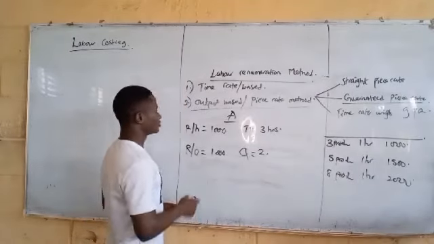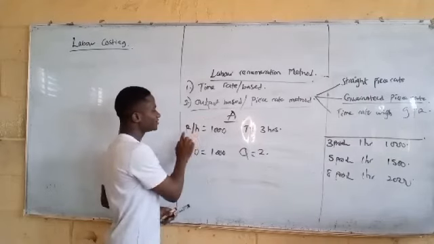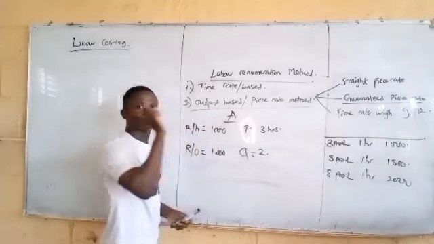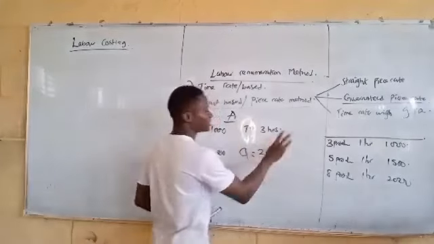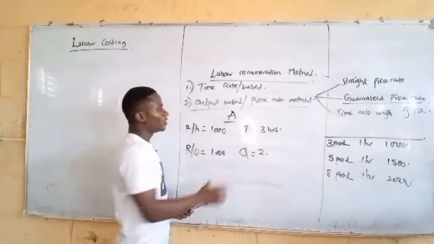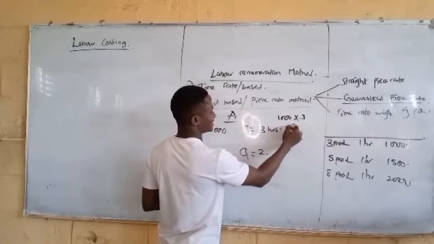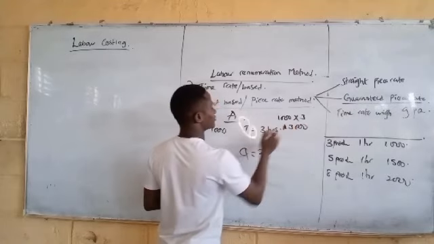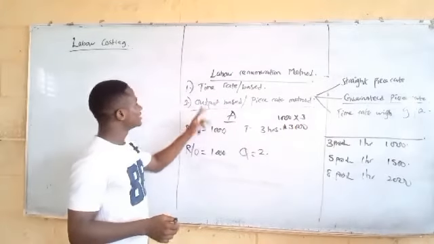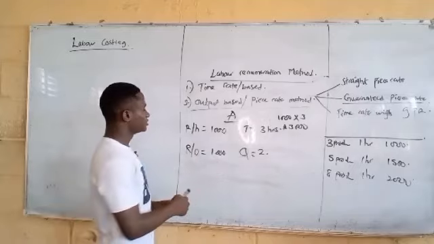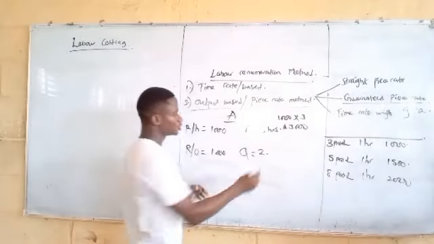If you look at it now, under the time rate it says 1,000 per hour, and he worked for 3 hours. So under the time rate, his salary will be 1,000 times 3, that is 3,000. But under the output based method, his salary will be 1,000 times 2, which is 2,000.